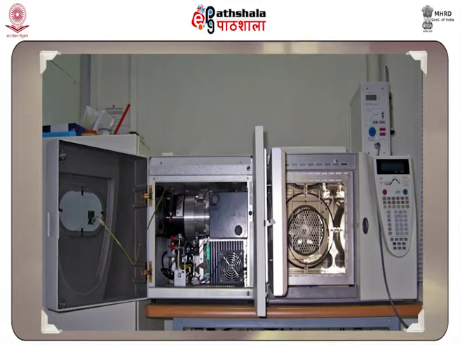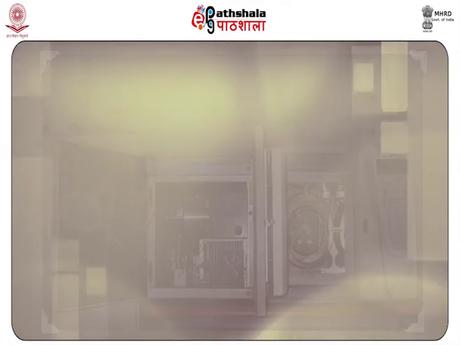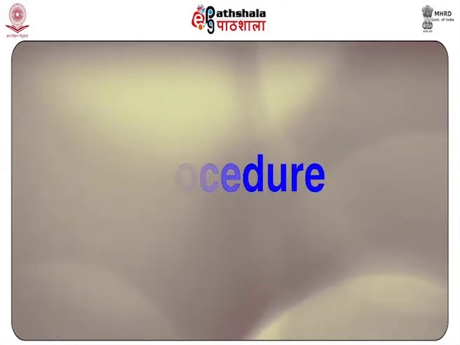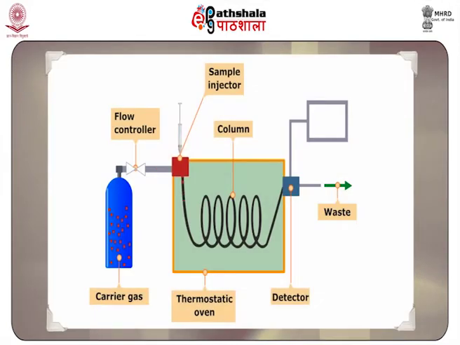Secondly, there is an oven which contains the column through which the mobile phase passes, to control the temperature of the gas, whereas there is no such temperature control in column chromatography. Procedure: in a GC analysis, a known quantity of liquid or gaseous analyte is injected into the column through a microsyringe.